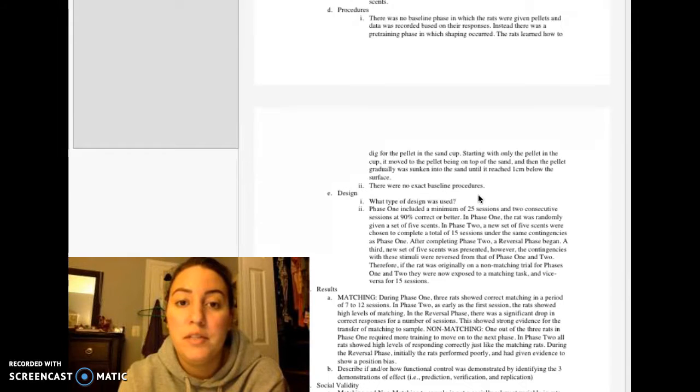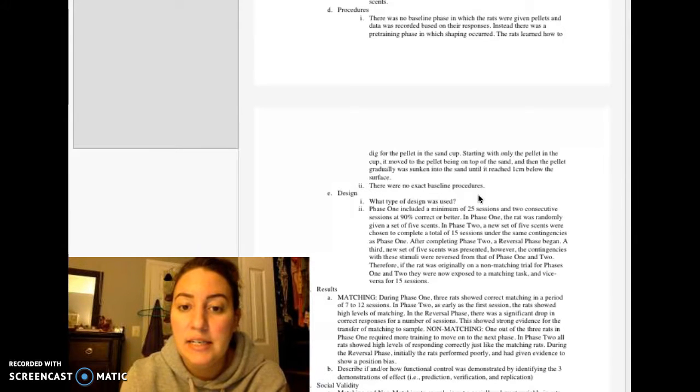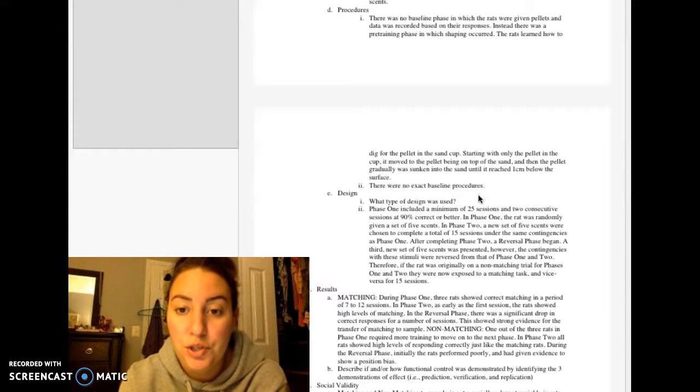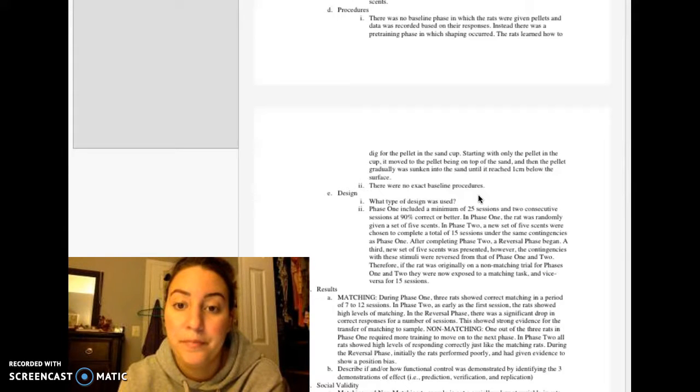Next I went over the procedures, which were the baseline phase, the shaping phase, which I mentioned earlier, and then there were a couple of phases that they went through. Phase 1 had 25 sessions, and in order to move on to phase 2, the rats had to have 2 consecutive sessions at 90% correct or better.